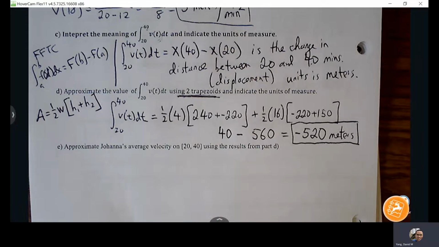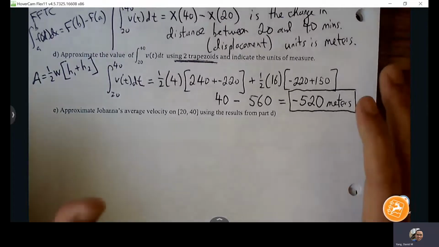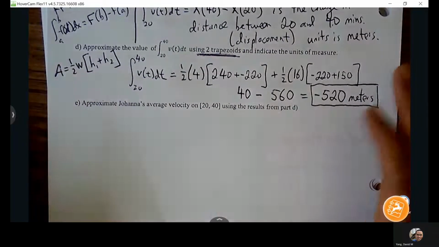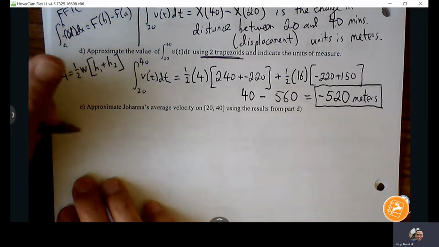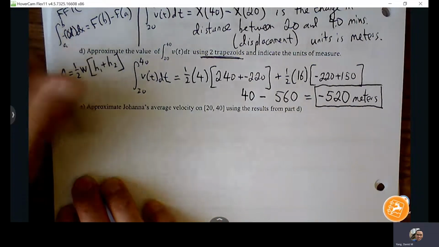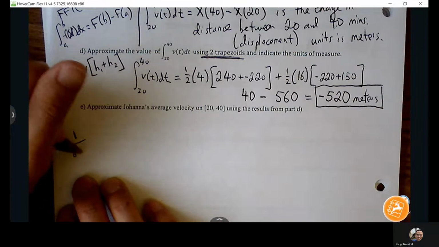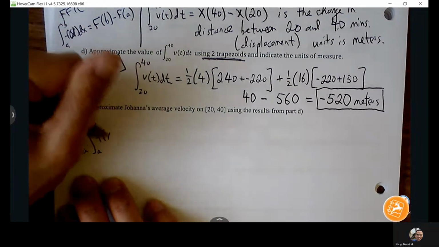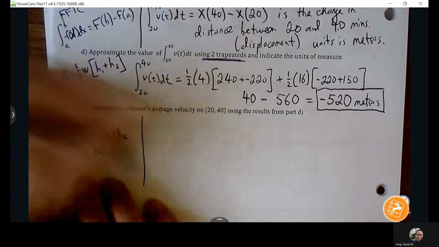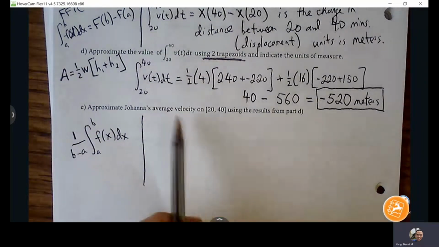Okay, part E, approximate Joanna's average velocity between 20 and 40 minutes using the results from part D. Okay, so average velocity is the average value theorem. A and B is 20 and 40.